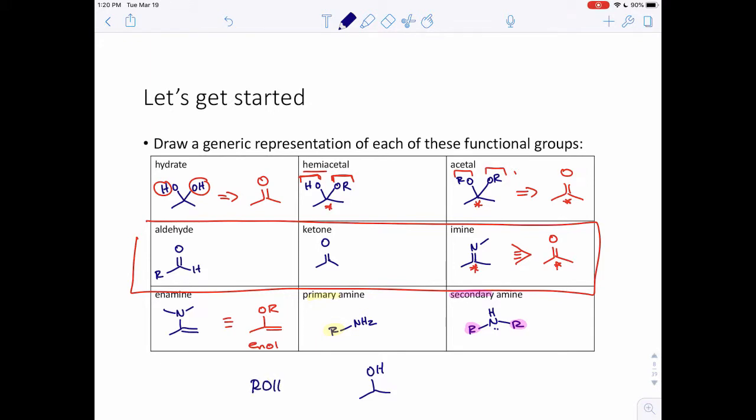That's the definition. So for a secondary alcohol, we're talking about the carbon bonded to the hydroxyl. For amines, you're talking about the number of alkyl groups, because you can even have, as you know, a tertiary amine with 3 alkyl groups on nitrogen. Turns out this one's not super relevant today. Secondary and primary amines are. All right, so make sure you have this common nomenclature down before you move on.